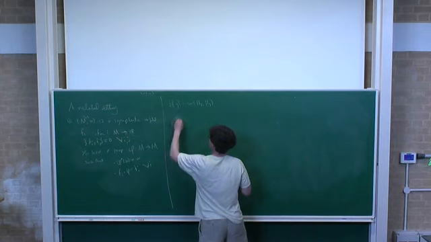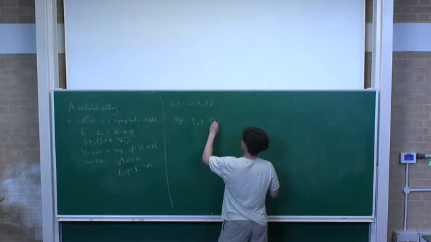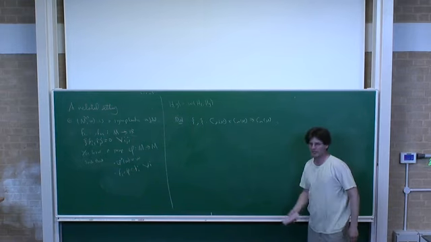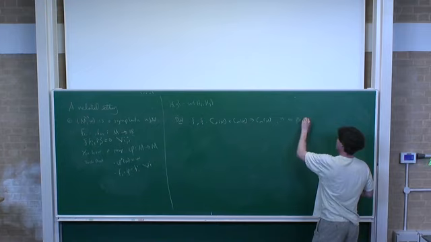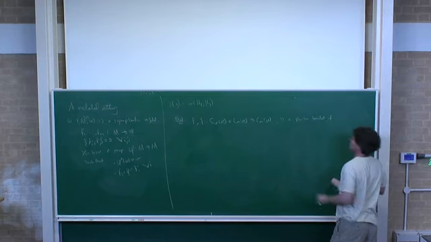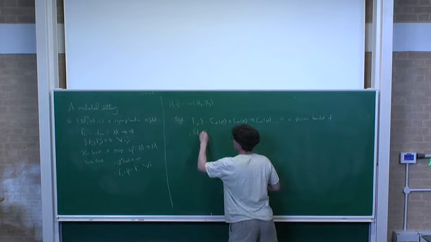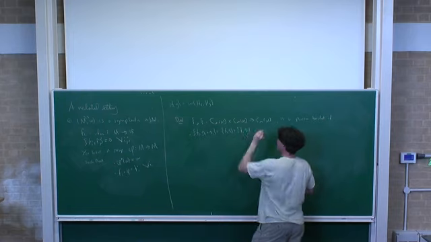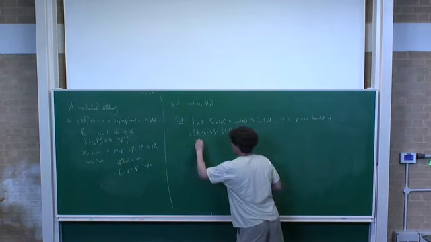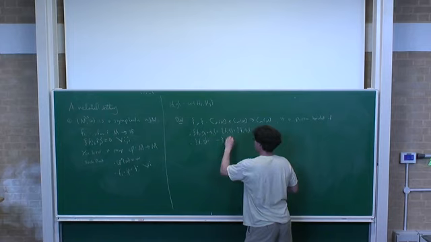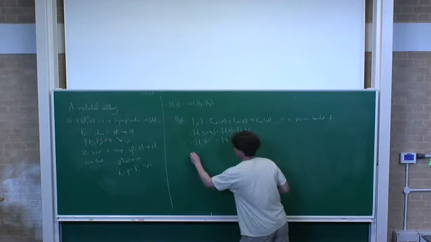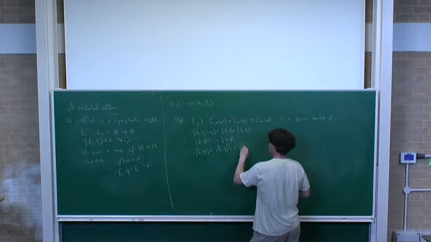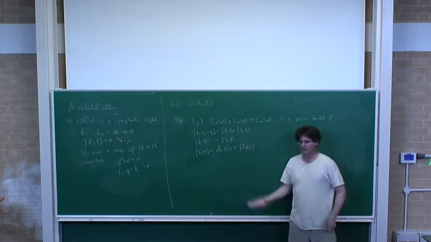Definition. C infinity of M is just the set of smooth functions on M. A bracket is a Poisson bracket if it is supposed to be linear, it's supposed to be antisymmetric, and it's supposed to satisfy the Leibniz rule, or the product rule.